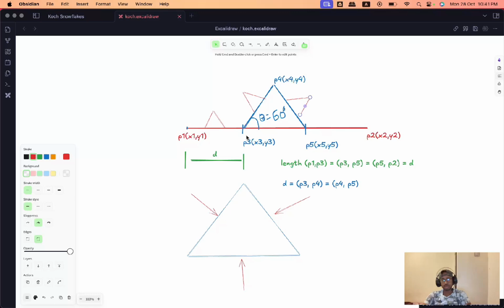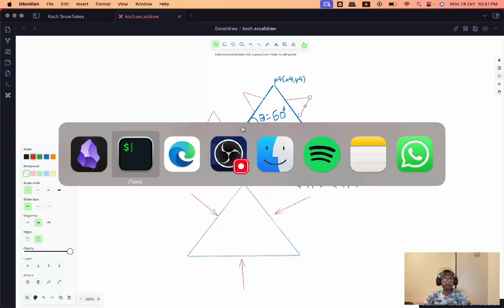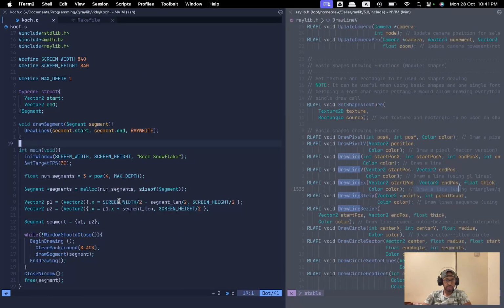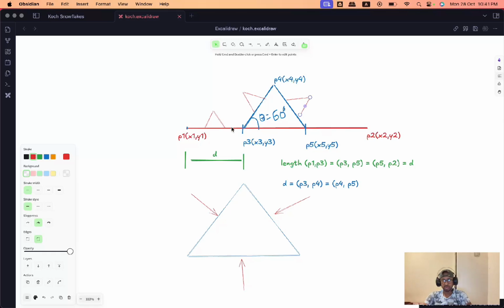So how can we do it? I have a segment here, and from its points I want to find these 3 points.